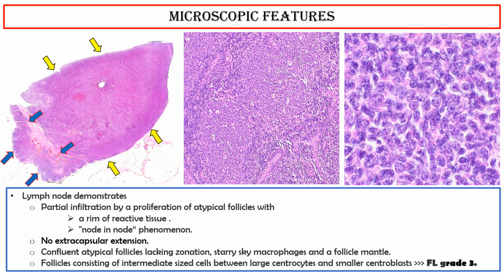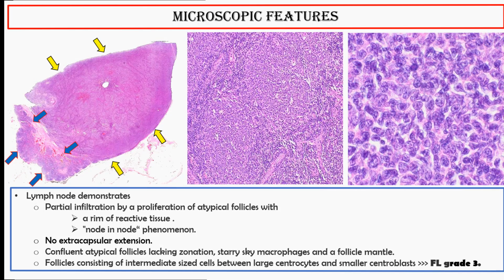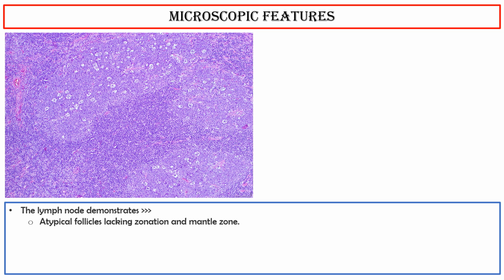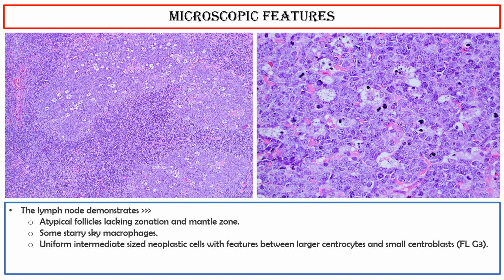Follicular lymphoma grade 3. The lymph node demonstrates atypical follicles lacking zonation and mantle zone, some starry sky macrophages, uniform intermediate sized neoplastic cells with features between larger centrocytes and small centroblasts.